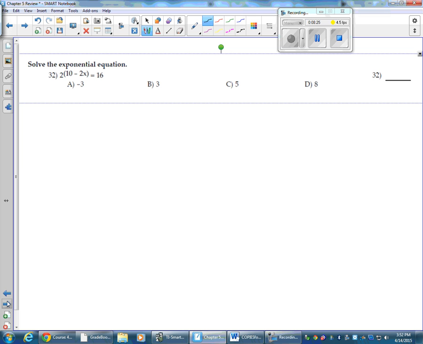All right, so if I want to solve an exponential equation, the easiest way to do it, if it's set up like this, is to make them both have the same base. So here on the left, I have e to the 10 minus 2x. On the right, I have 16. Well, 16 is 2 to the 4th. So now I've written them and they have the same base. So if 2 to the 10 minus 2x equals 2 to the 4th, then 10 minus 2x will equal 4. And then solve that.